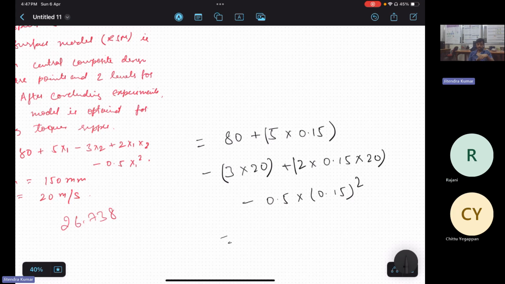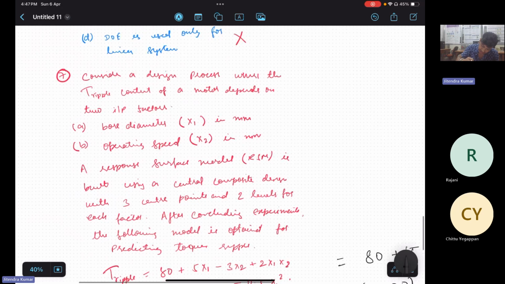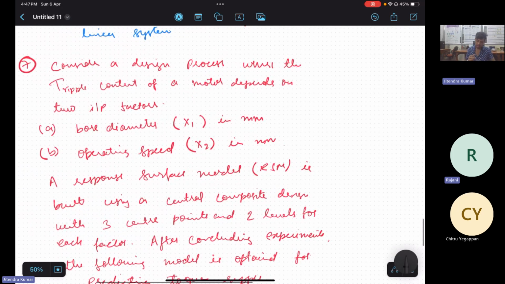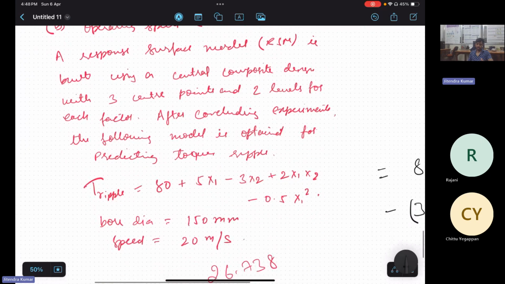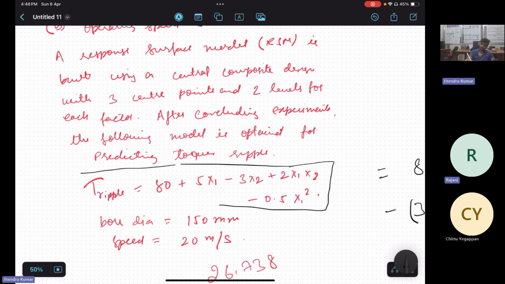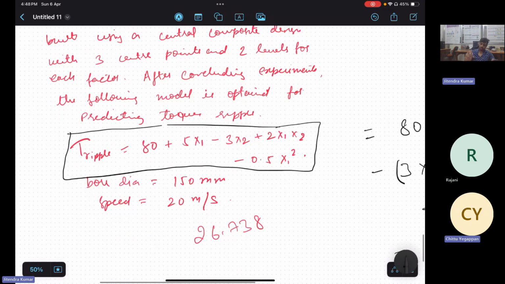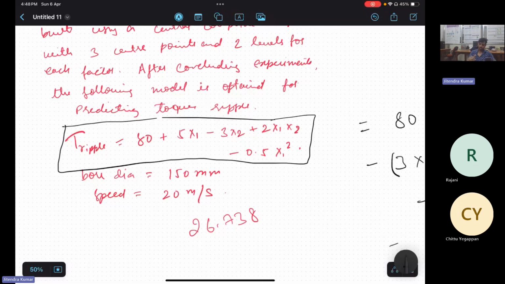They are directly using mm and getting an answer equivalent to 85. So maybe from the question, they told bore diameter in mm. Yes, they told bore diameter in mm. So that means we have to directly plug in the value of 150 in this equation.